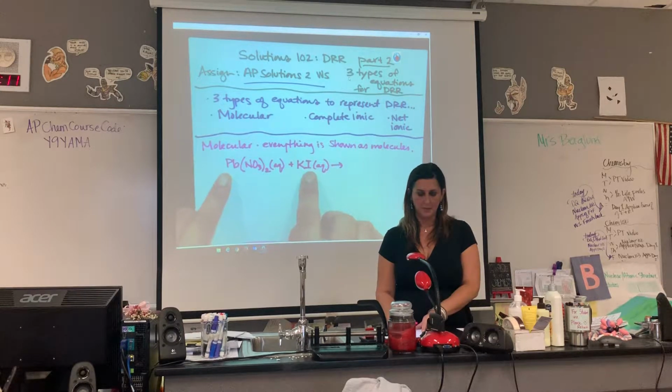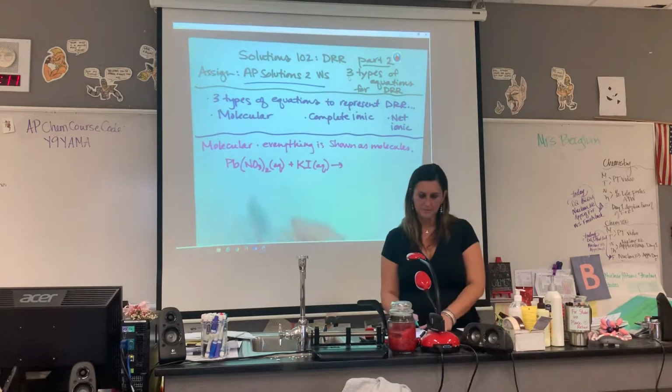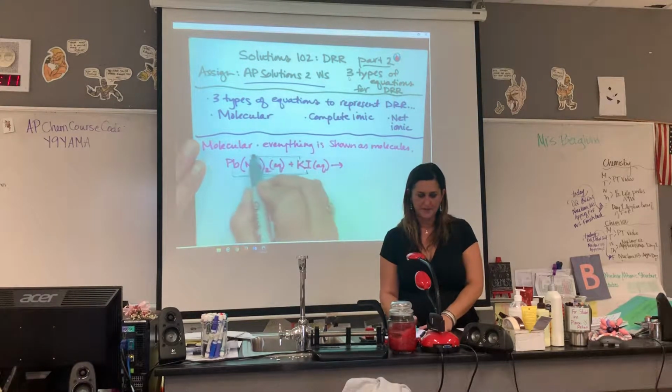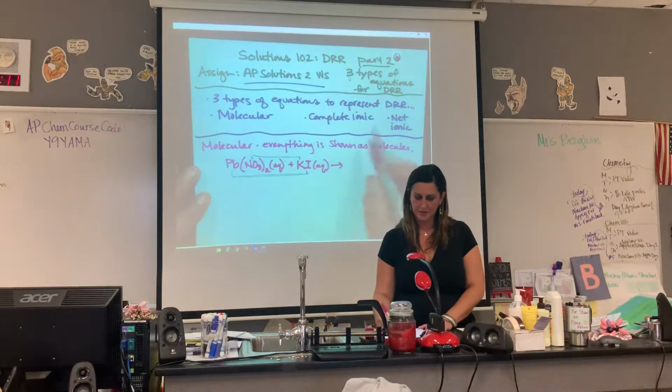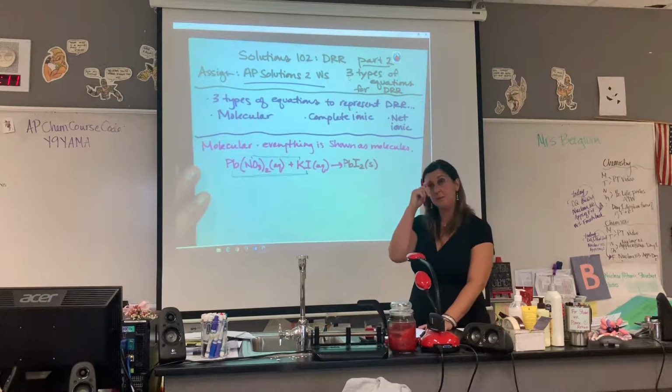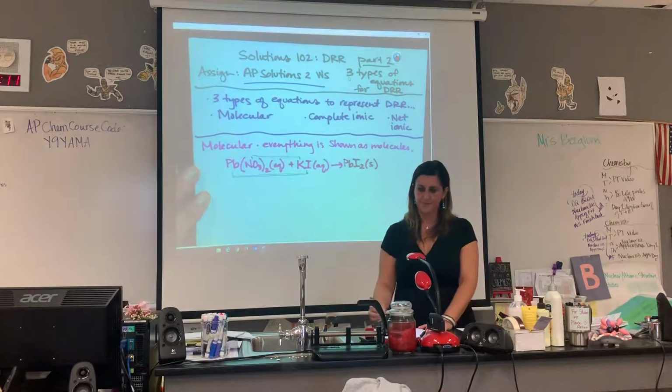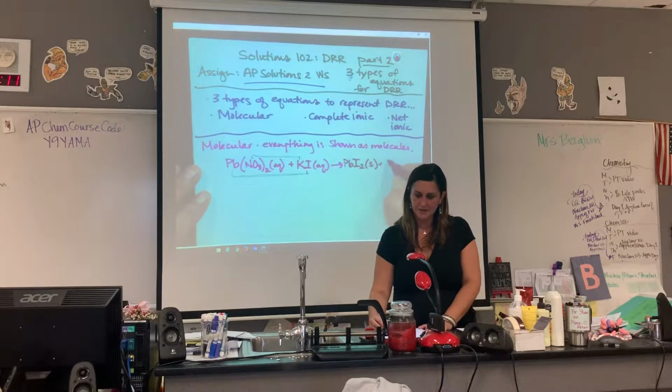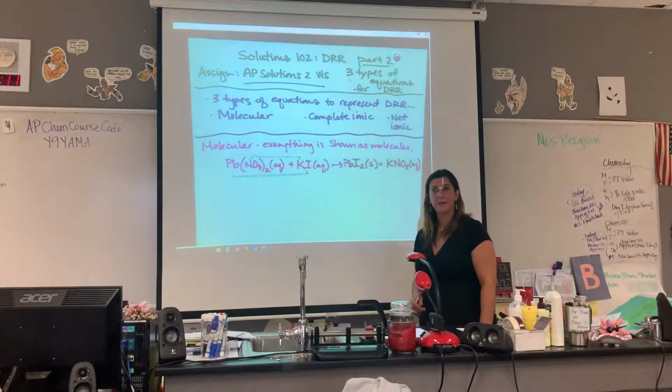And this would be our CD. So when we put these together, we are going to put together our lead and our iodide and our potassium and our nitrate. So over here, we would get PbI2, and based on our solubility rules, we would choose that to be the solid. And then in addition, we would get potassium nitrate, aqueous. Okay, so that's an equation.